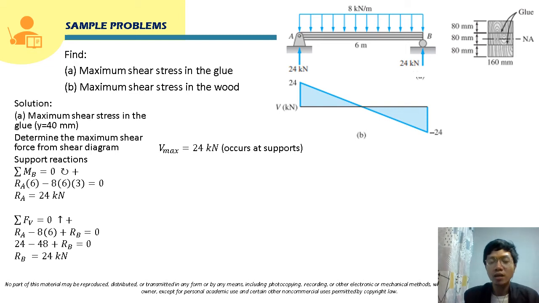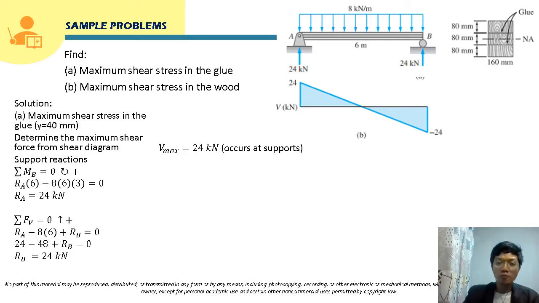So our maximum shear force is 24 kilonewton. The maximum shear forces act at the supports, so for this beam, the maximum shear force is at the supports.